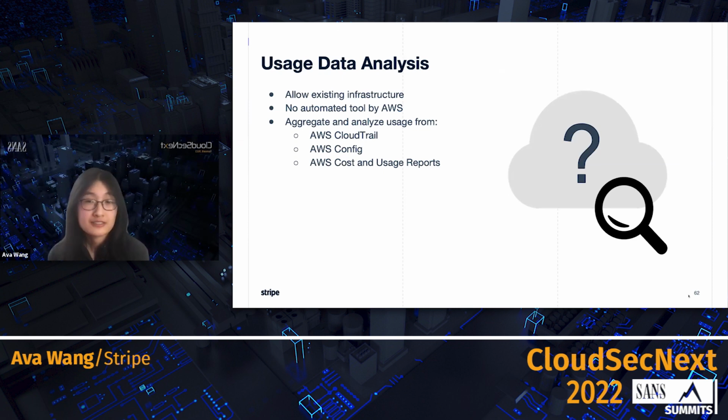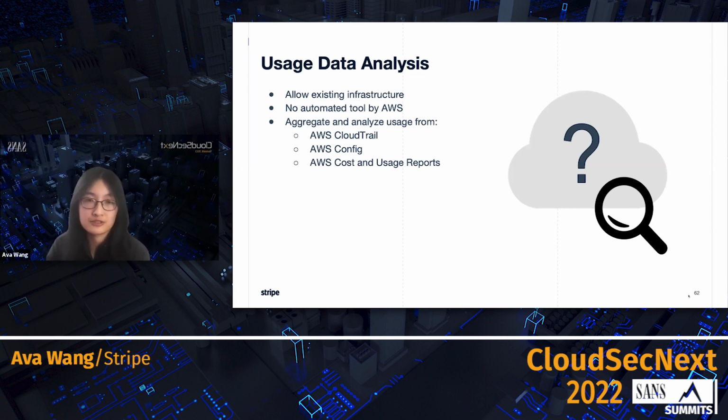What if we accidentally denied something that we use? But on the other hand, what if we're overly permissive and continue to allow high-risk services in regions that we have no use for? Plus, there is no automated tool by AWS for this kind of service and region allow list policy generation.